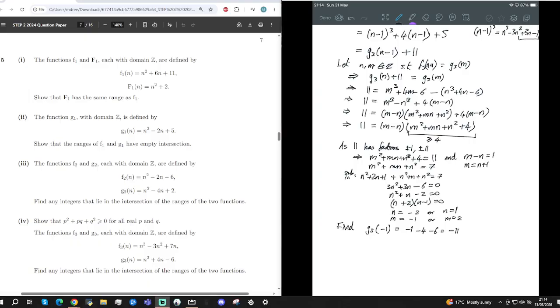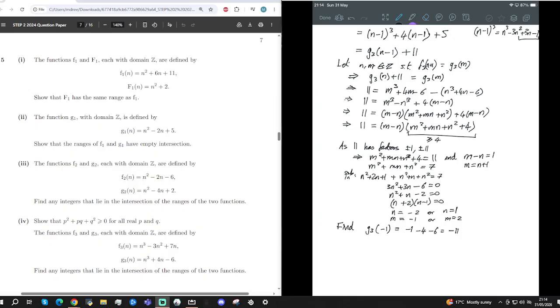That should be the same as if I subbed negative 2 into f3, which was negative 8 minus, if I sub negative 2 in, that's minus 12 minus 14. That's quite a lot further away than negative 11.